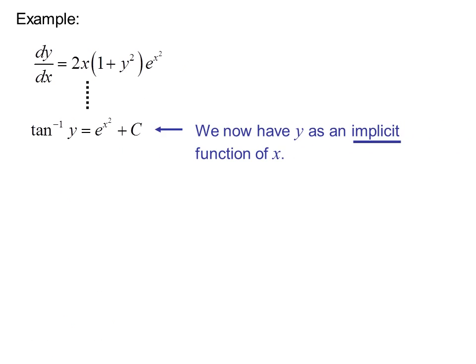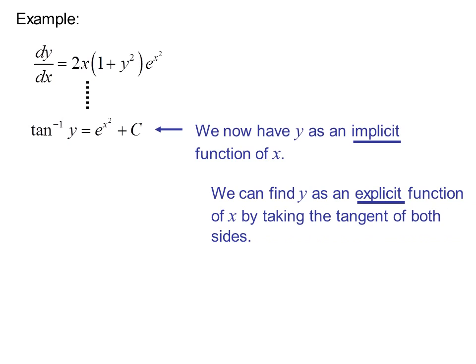We now have an implicit function of x. That is, it could be interpreted as a function of x, but it's not solved for y yet. We can find y as an explicit function of x by taking the tangent of both sides to undo inverse tangent.